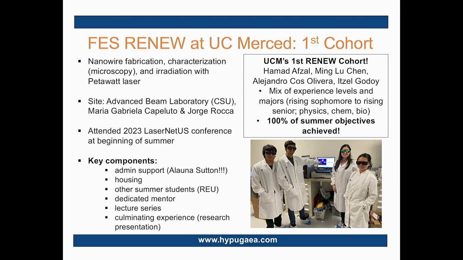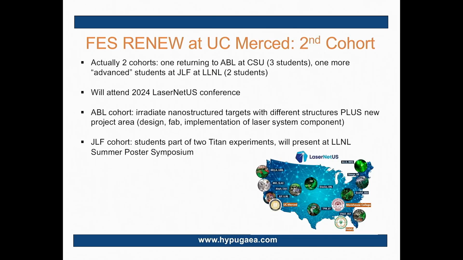And as we move to our second cohort here, we're actually going to have 2 cohorts, where one of them is a more advanced cohort at Lawrence Livermore in the Jupiter Laser Facility, where we're trying to help them build on the experience they had at CSU and experience a different one. One of these students is locationally constrained this summer.